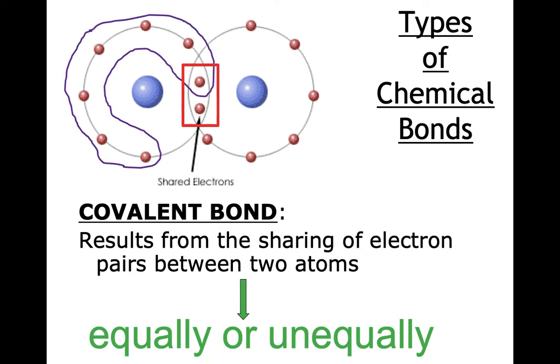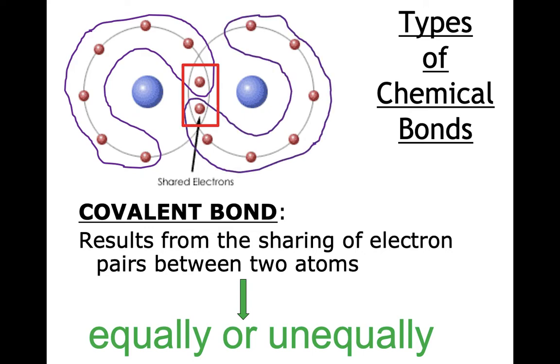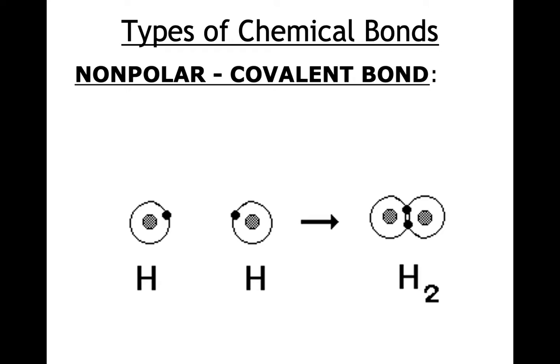This one came with 7 valence electrons, and then it shares that one other one from the other atom for a total of 8. This one also came with 7 valence electrons, and it shares the electron from the other atom for a total of 8, which makes these 2 stable. So we have equal and unequal sharing in covalent bonding.